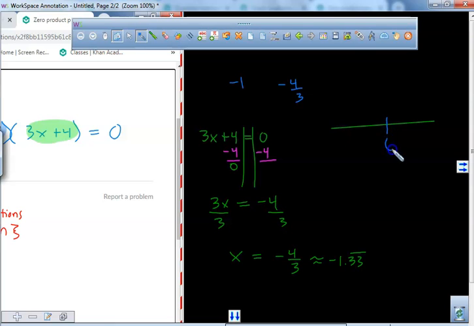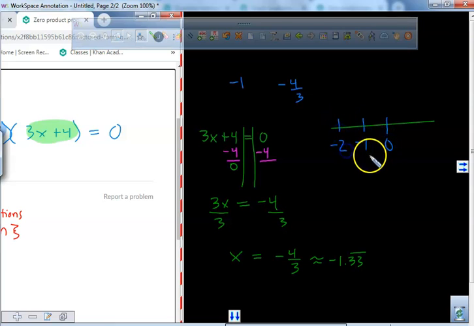Right here we have 0. Right here we have negative 1. Right here we have negative 2, right? So negative 1, would you agree, goes right about there? Well, where would negative 1 1/3 go? Just slightly over to the left just a bit. So that lets you guys know this is the lesser and that's the greater.